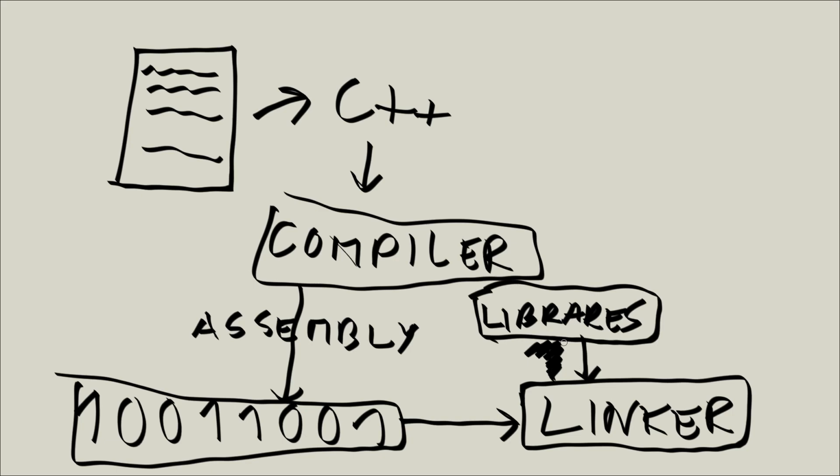Now, what are libraries? Libraries are functionalities that you use in your program and you didn't write yourself. For example, a library would be used if you wanted to access your hard drive, because you wouldn't write that code yourself. If you're a programmer, you wouldn't write the code for accessing the hard drive yourself, but you would use functions that do it for you.